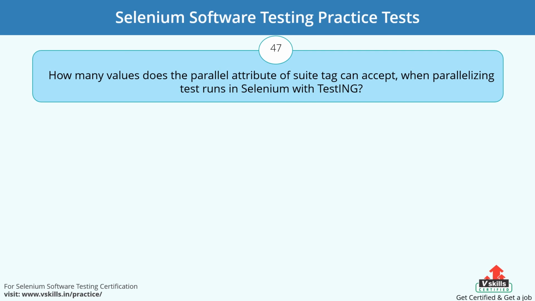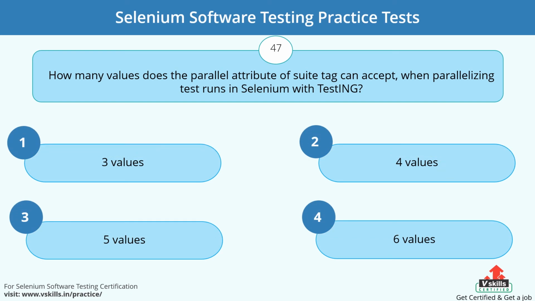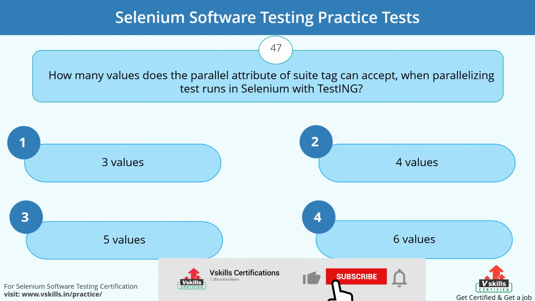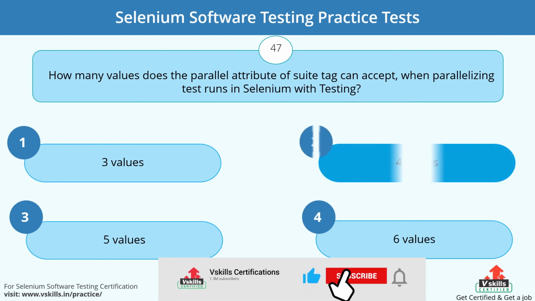The options are A. 3 values, B. 4 values, C. 5 values, D. 6 values. The correct answer is option B.